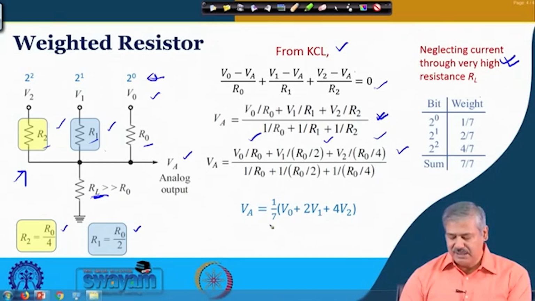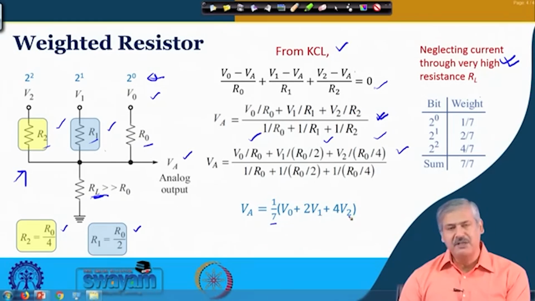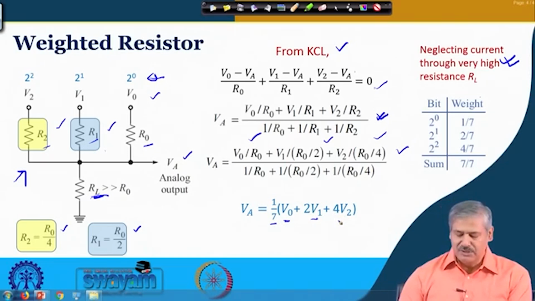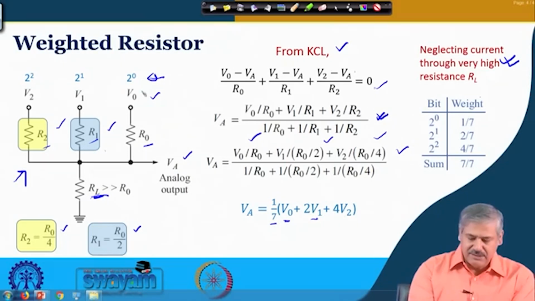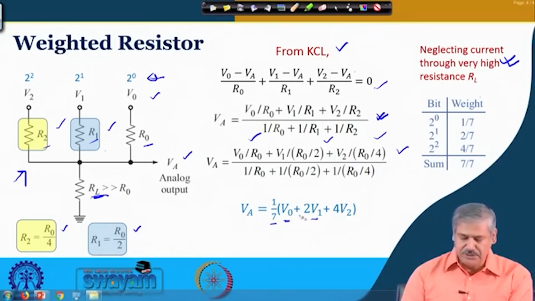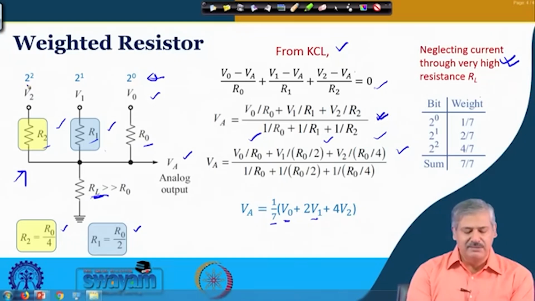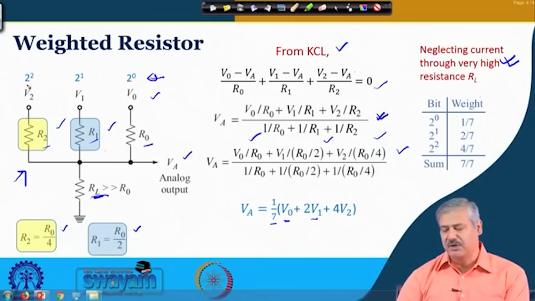what you get here is 1 upon 7 times (V0 plus 2 V1 plus 4 V2). Is it fine? So, this is V0, this is 2 times V1, and this is 4 times V2. To indicate that, we have mentioned this is 2 to the power 0, 2 to the power 1 is 2, 2 to the power 2 is 4, and you can think of extending it beyond that.